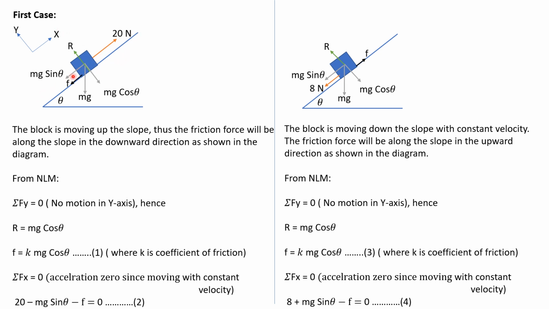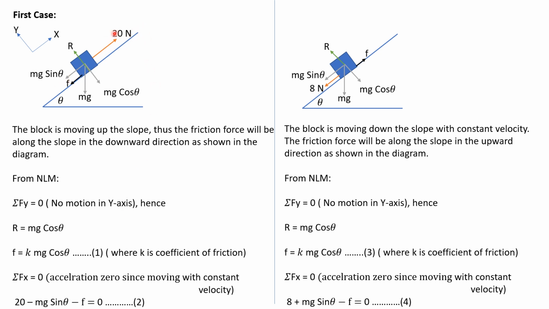It is sliding on the slope. So R will be equal to mg cos theta. So the friction force will be k, the coefficient of kinetic friction, into R, and R is mg cos theta. So friction force is k mg cos theta. This is equation number 1.